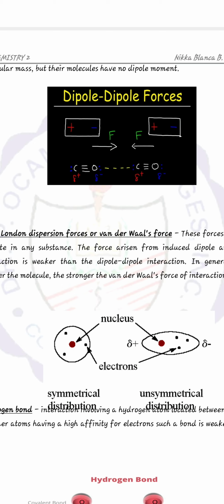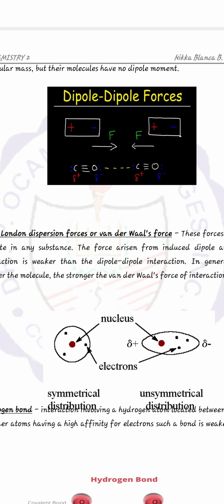Meaning to say it is not balanced pertaining to the charges. Meaning to say both ends of the molecule have a slightly positive charge and a slightly negative charge. So van der Waals forces has this kind of process.